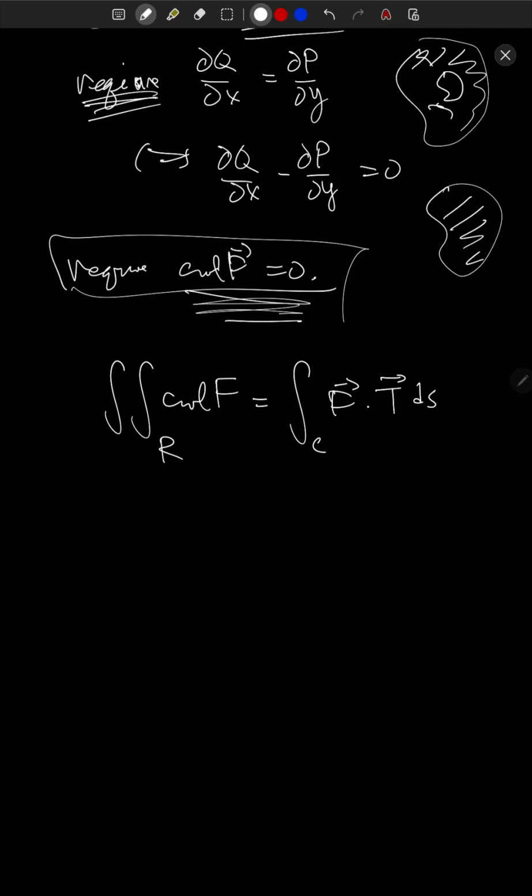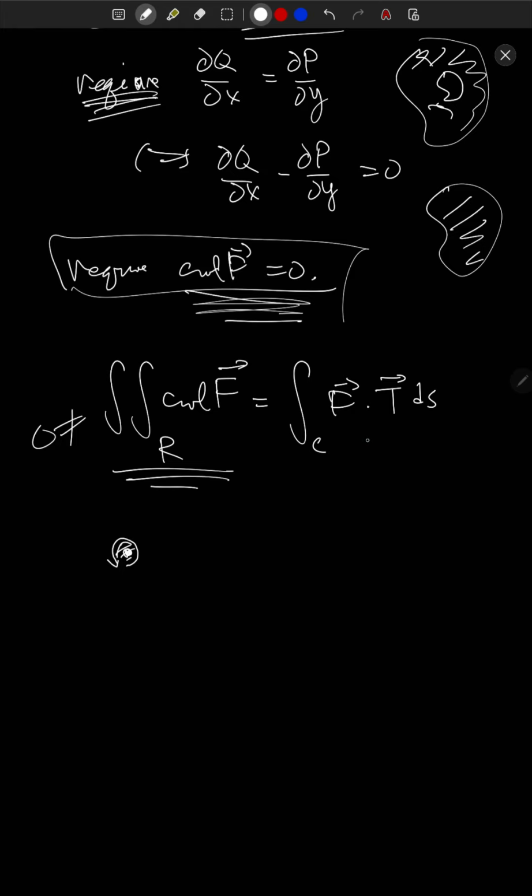If the curl of f were not 0 at some point, then there's no way f can be conservative, because I can take a tiny little ball around here and integrate over the region, and if the curl of f is not 0 at that point, then if I take a small enough circle here, this integral is not going to be 0, by continuity.